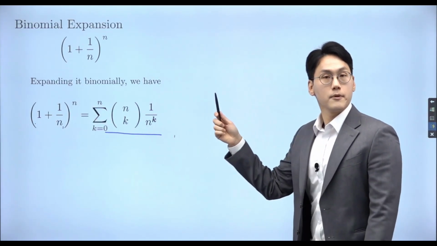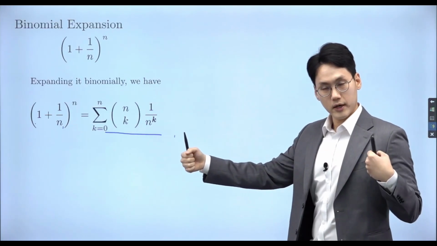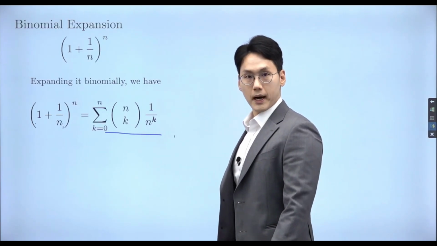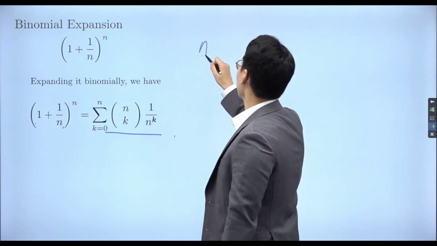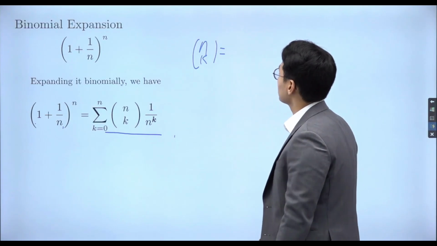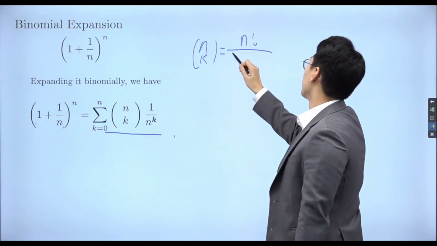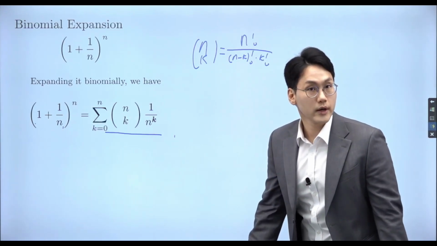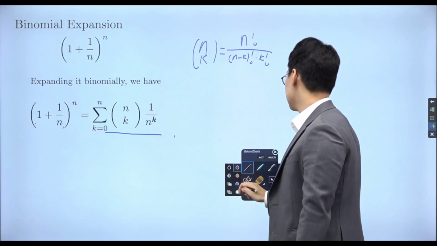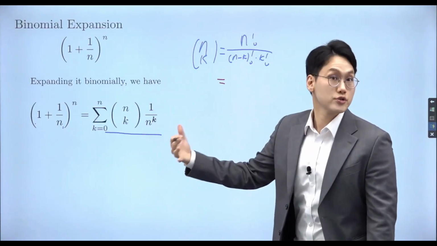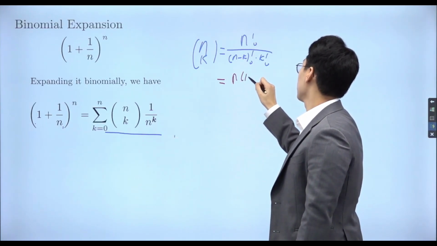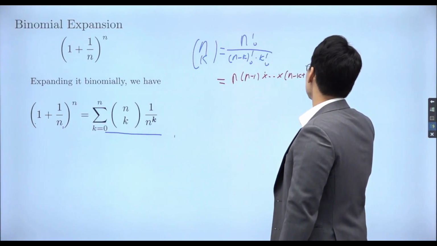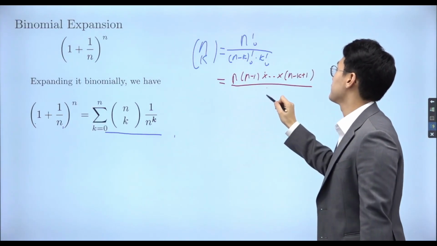That's what we have. But for this one, instead of writing it as a sum, what I like to do is simplify further, especially the binomial coefficient. Remember, n choose k is what? It was n factorial over (n minus k) factorial times k factorial, isn't it? Another way we also tend to write it is the reduced form: n(n minus 1) going all the way down to (n minus k plus 1), so we have k many terms above, and then divide by k factorial.